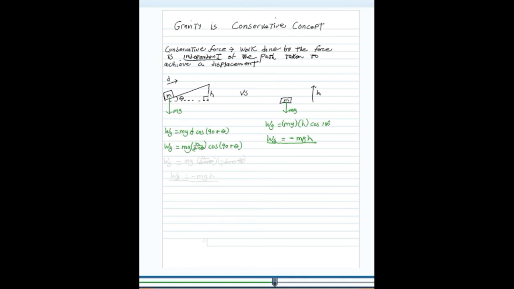Now, a little bit of trigonometry here, a little trickery. If you think about the unit circle and you think about angles, the cosine of 90 plus theta would be the same exact thing as the negative sine of theta. A good example would be 30 degrees. The cosine of 90 plus 30 is the cosine of 120 degrees.